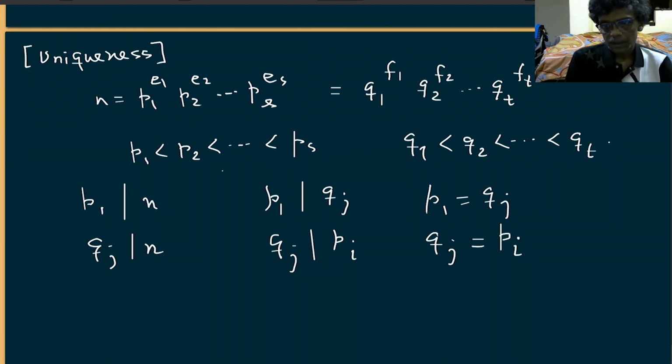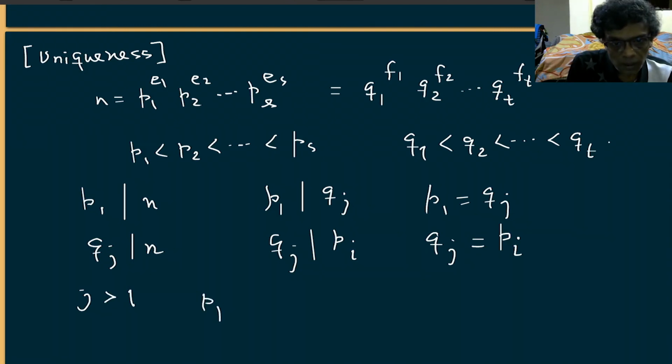Now, if j is greater than 1, then I have P1 equal to Qj, which is greater than Q1.